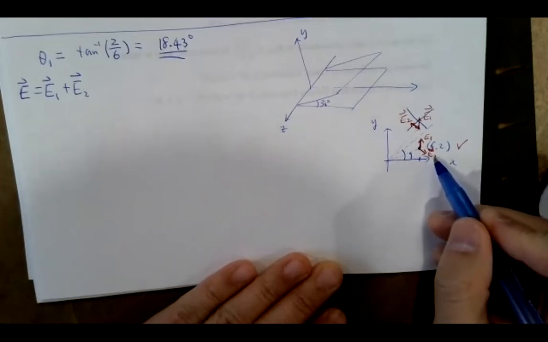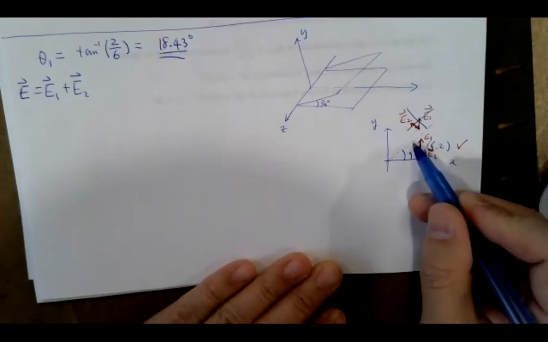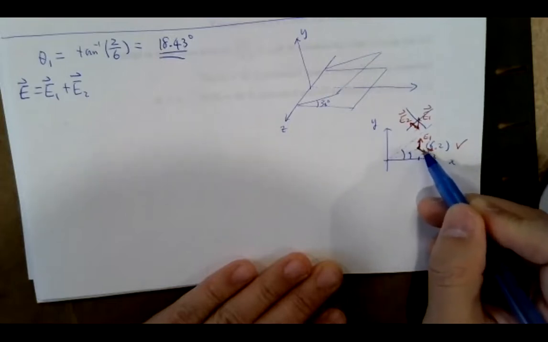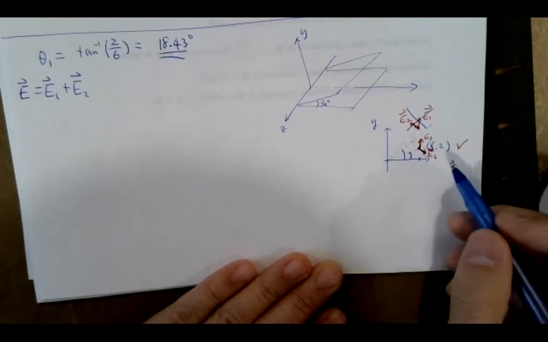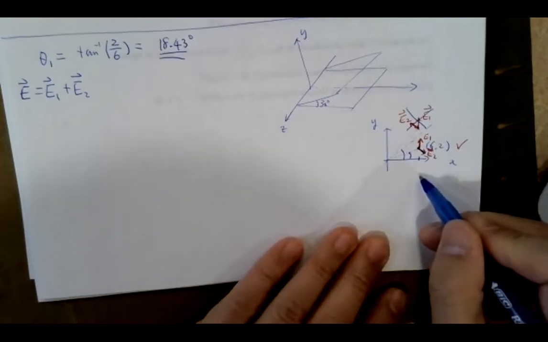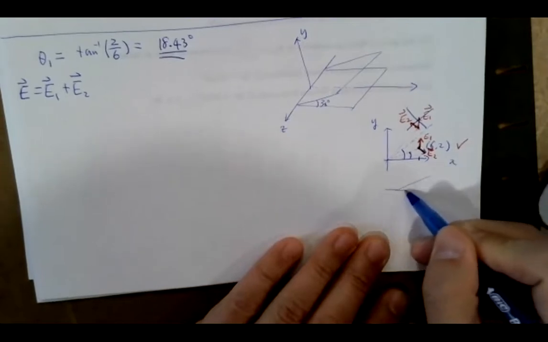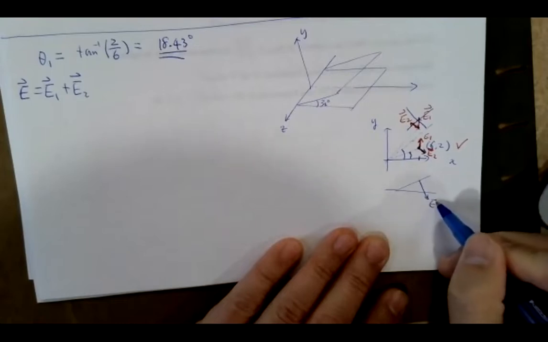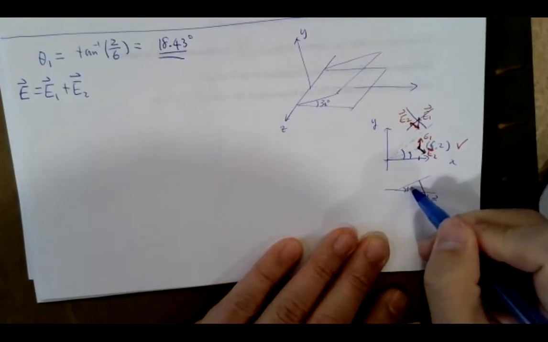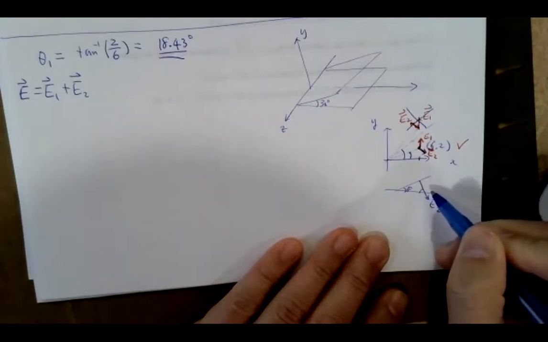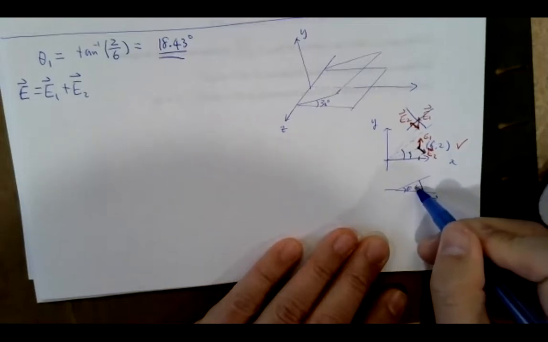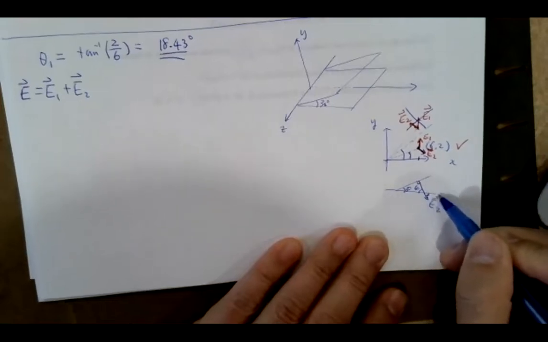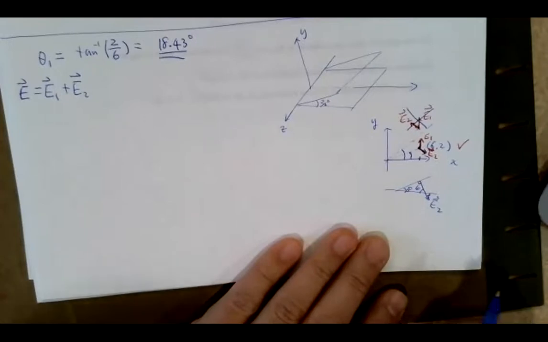E2 here should be in this direction, perpendicular to this sheet. Now you have to figure out the directional angle for E2. The sheet is at 30 degrees, and E2 is perpendicular to it, so if this is 30, then this is 60. So you are 60 degrees below the X axis.